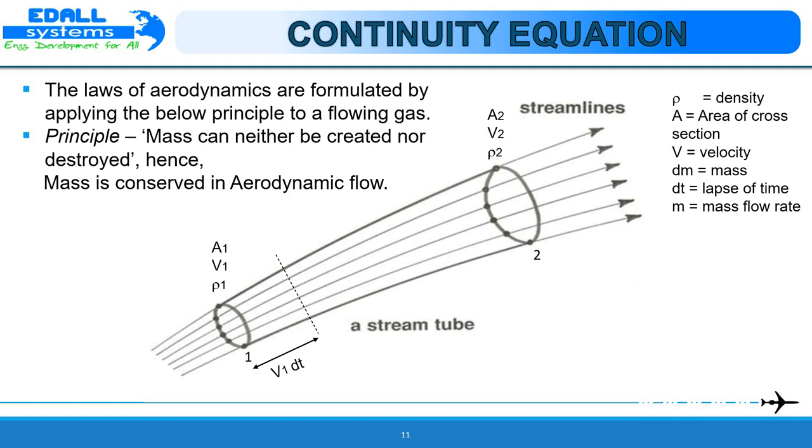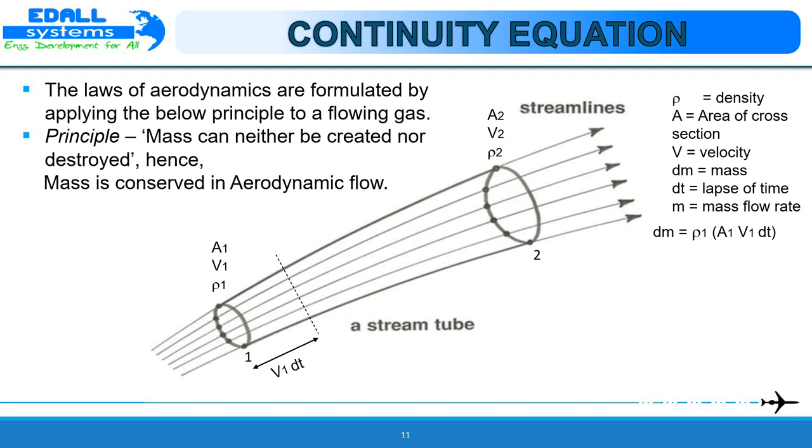In doing so, the elements have swept out a volume A1 V1 dt downstream of point 1. The mass of gas dm in this volume is equal to the density times the volume. That is, dm is equal to ρ1 A1 V1 dt. This is the mass of gas that has swept through area A1 during the interval dt.